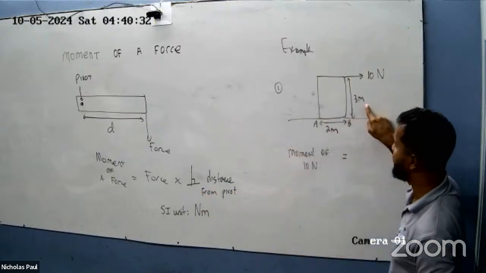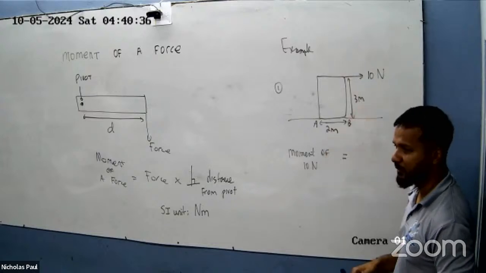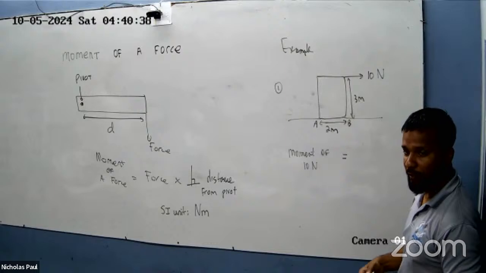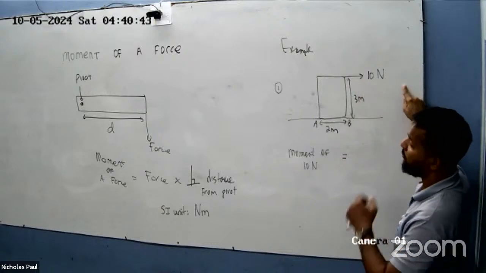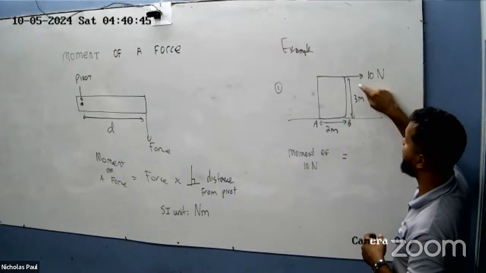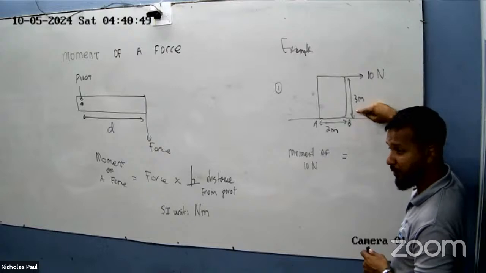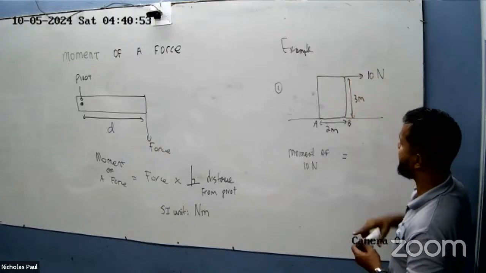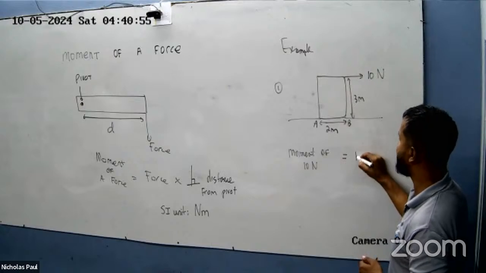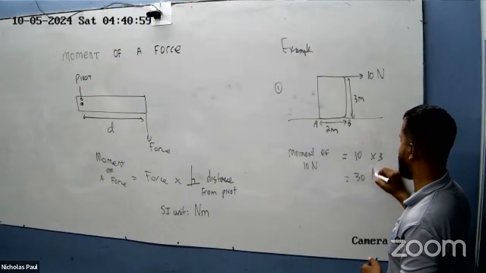Is it the 3 meters or 2 meters? Which one? 3? You're saying that? This is the direction of the force, perpendicular here. Are you okay with that, Peter? So perpendicular to this is this 3 meters. So the answer will be 10 multiplied by 3, which is 30 Newton meters.